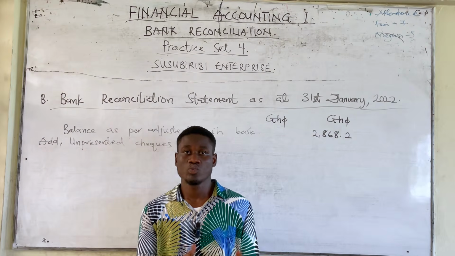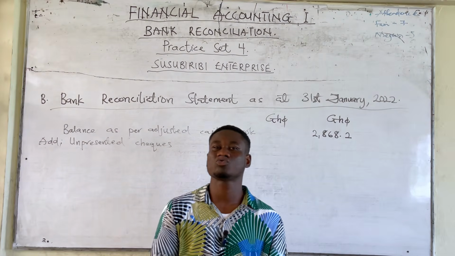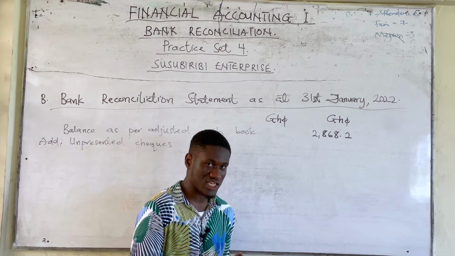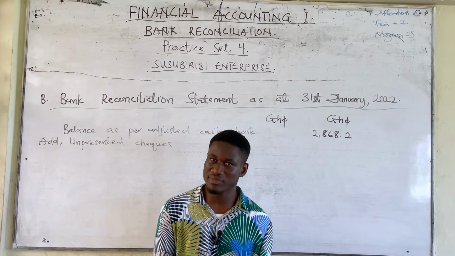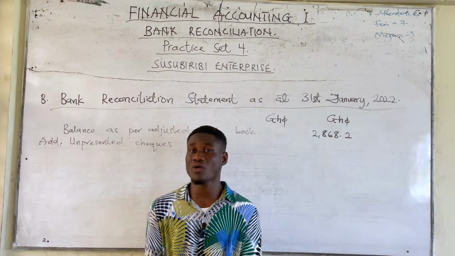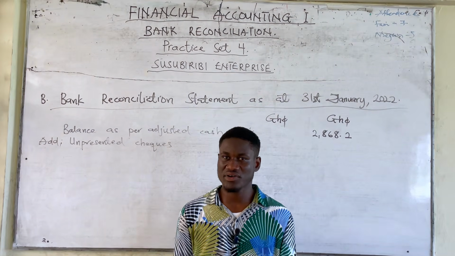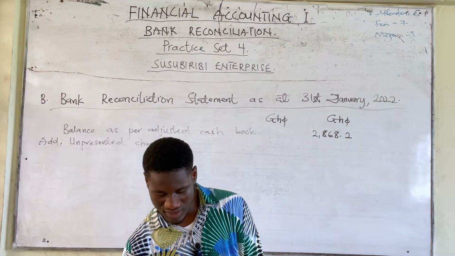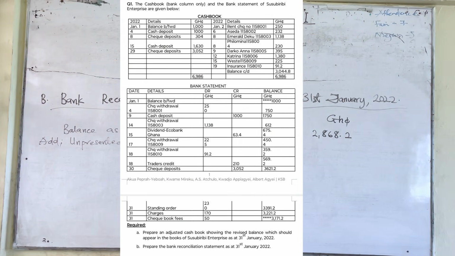So with the unpresented checks, we are going to look for the items that were credited in our cash book, but not debited in the bank statement. Good.